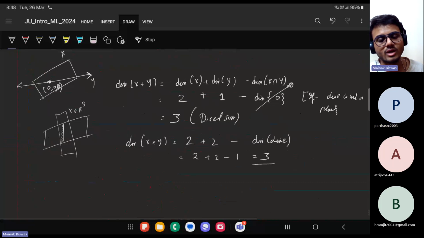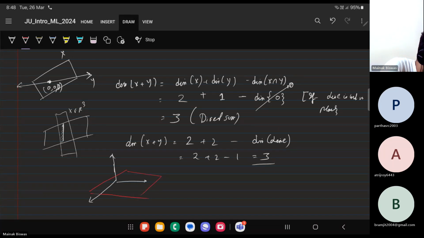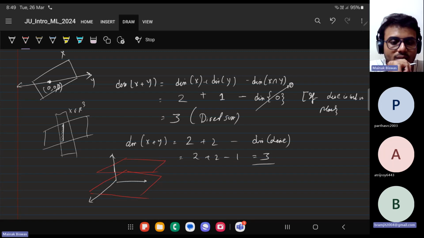Parallel planes, you can never add two parallel planes. We have seen last class. Otrij, why can't we sum two parallel planes? Why will this not hold? Romojit, why can't we add two subspaces which are parallel?